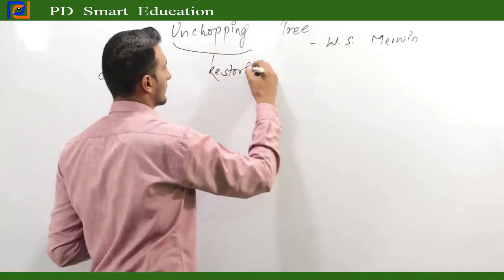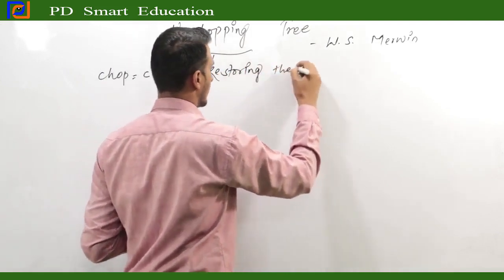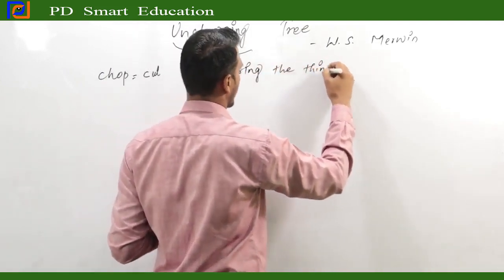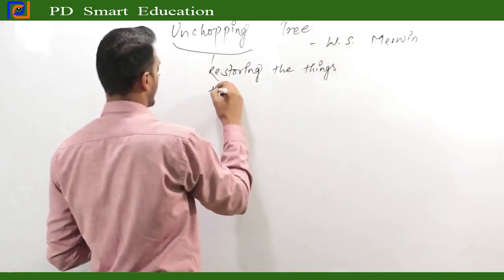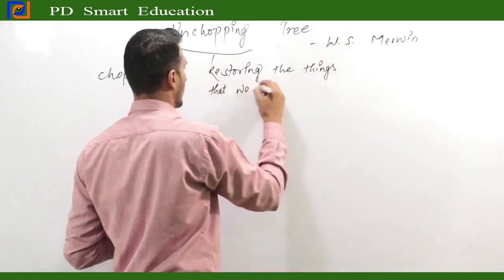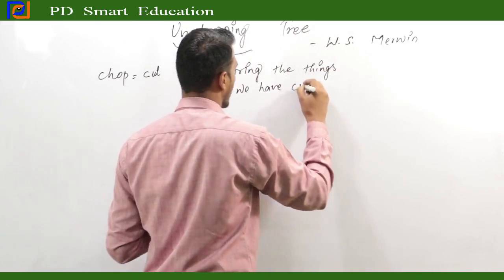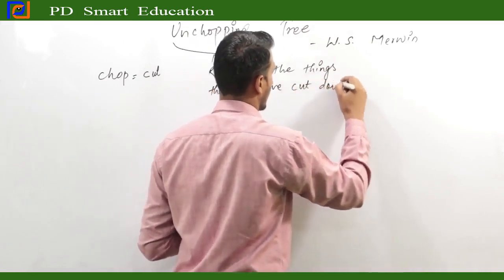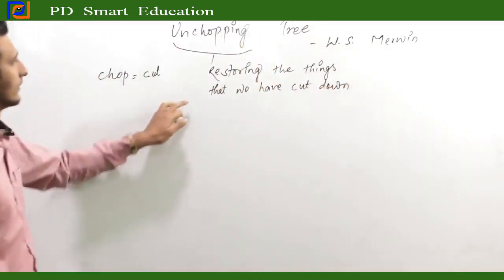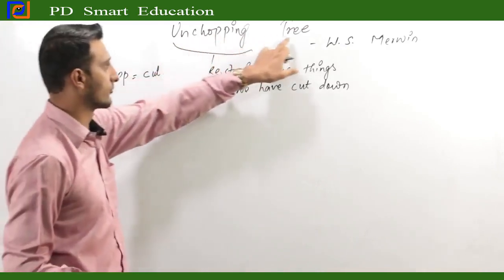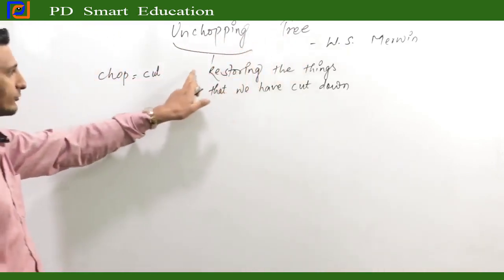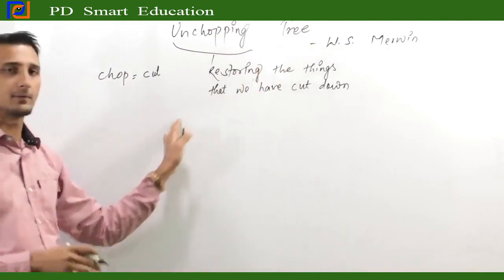Restoring the things that we have cut down. Then it is unchopping a tree, which means restoring the trees that we have cut down.